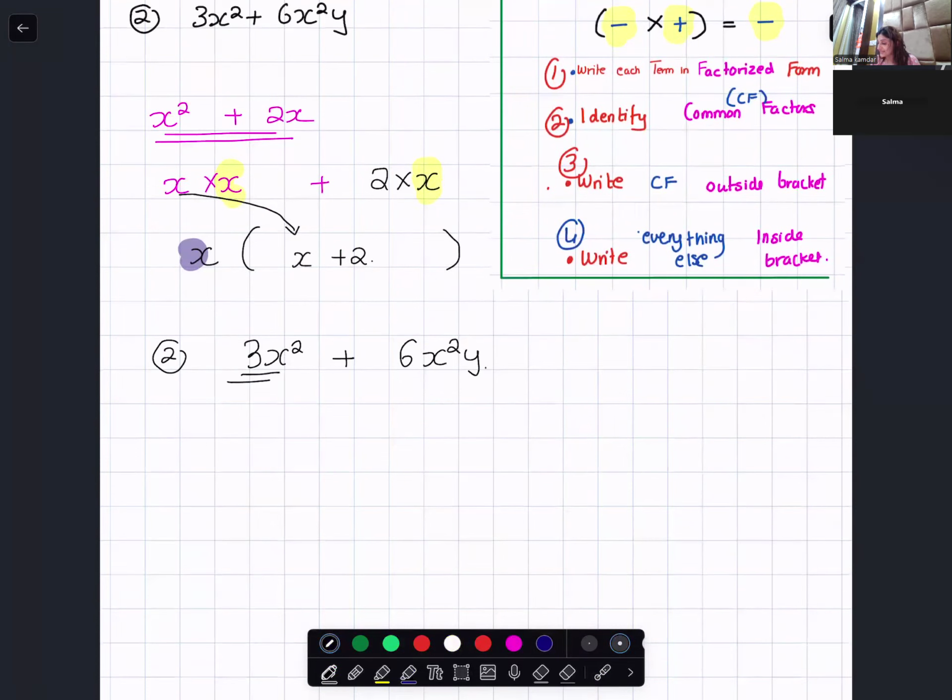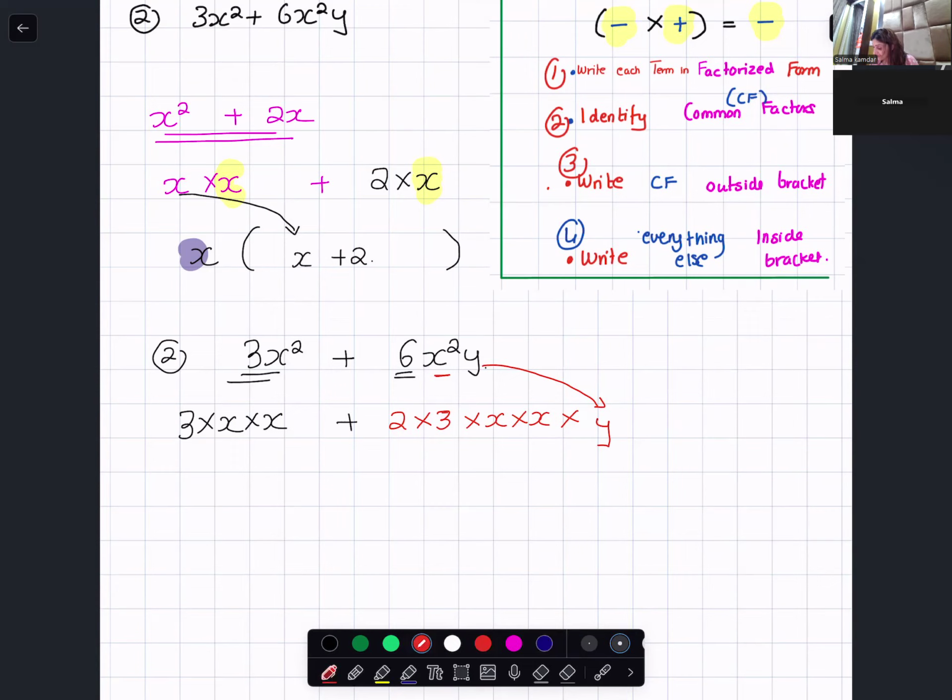Next sum, I have to factorize 3x square plus 6x square y. Write every term in the factorized form. So this would be 3 into x into x. 6 can be factorized as 2 into 3. Factors are terms which, when multiplied together, give me that term. x squared can be factorized as x into x, and y will be written as it is. Now we'll identify the common factors.